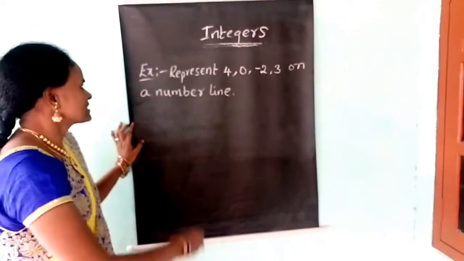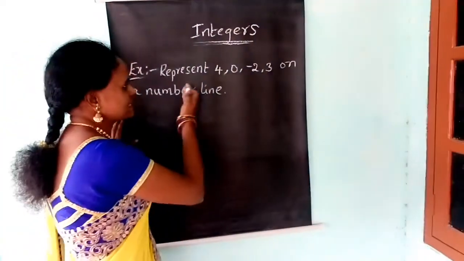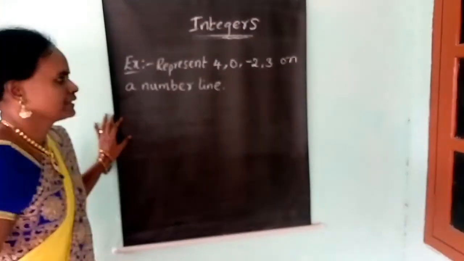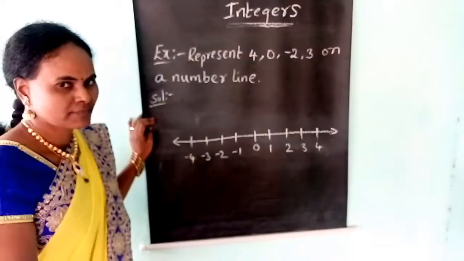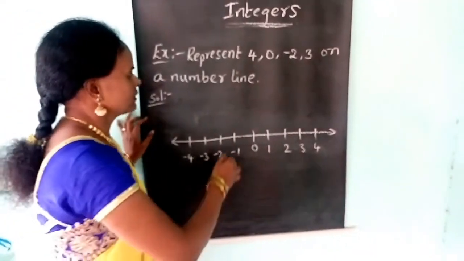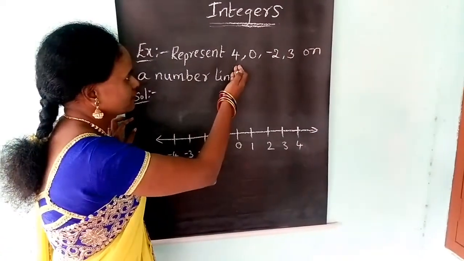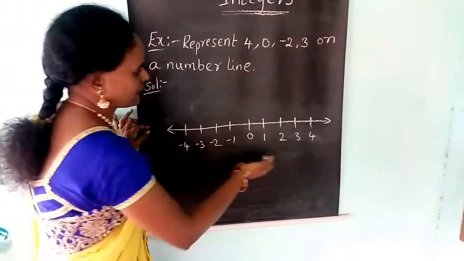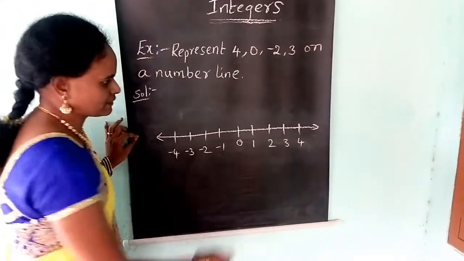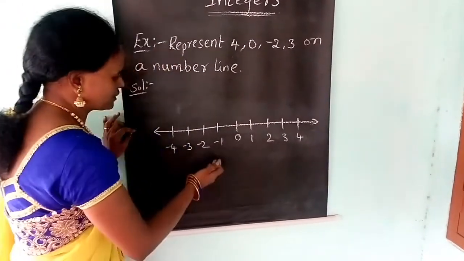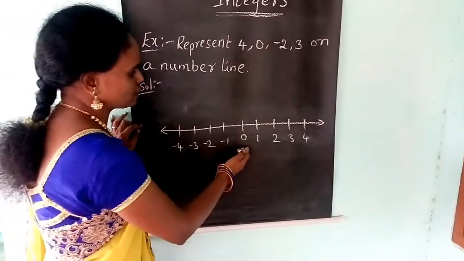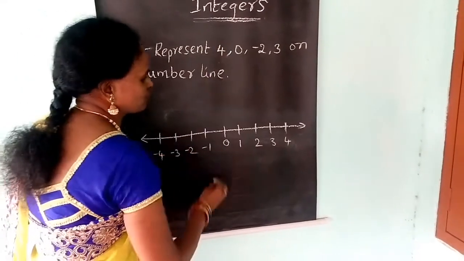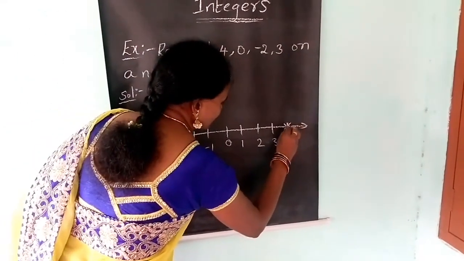Children, see this example. Represent 4, 0, minus 2, 3 on a number line. First we draw the number line. This is number line of integers. These are positive integers, these are negative integers and 0. Now, first integer is 4. 4 is right side of 0.